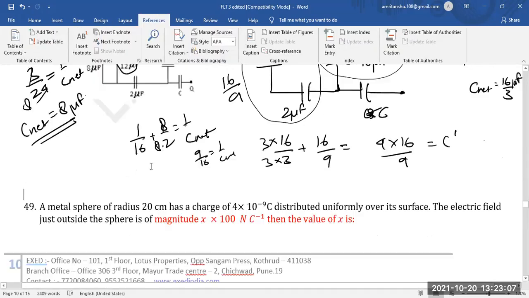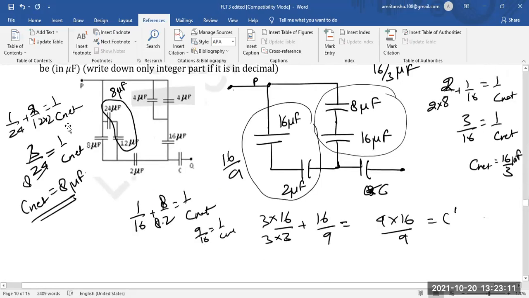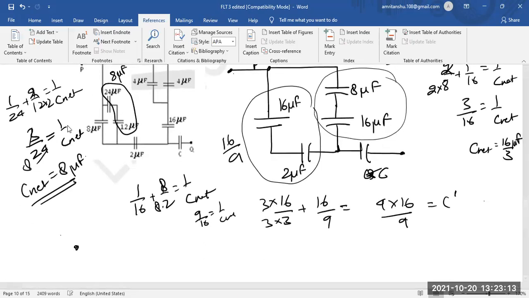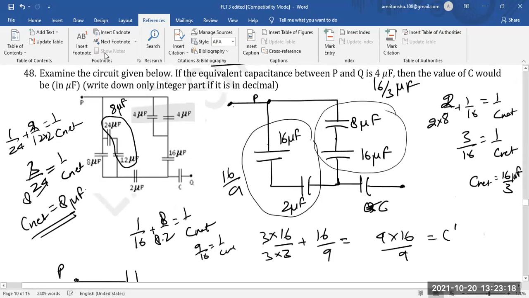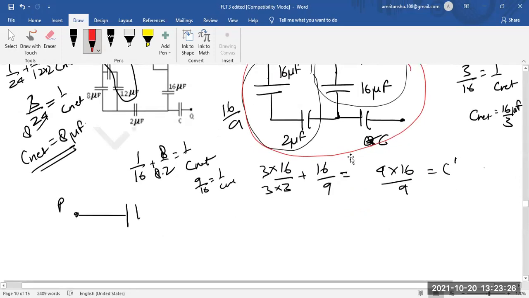So if I further break this circuit, this comes out to be like this. So this whole thing is going to be 4 into 16 by 9.